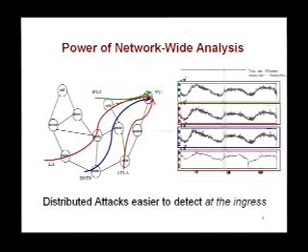So why is this cool? The real power of network-wide analysis is shown here in an example. What I'm showing you is a massive distributed DoS attack arising from Atlanta, Houston, LA, and Indianapolis, targeting some poor victim in New York. Here are the traffic flows for those 4 malicious flows.